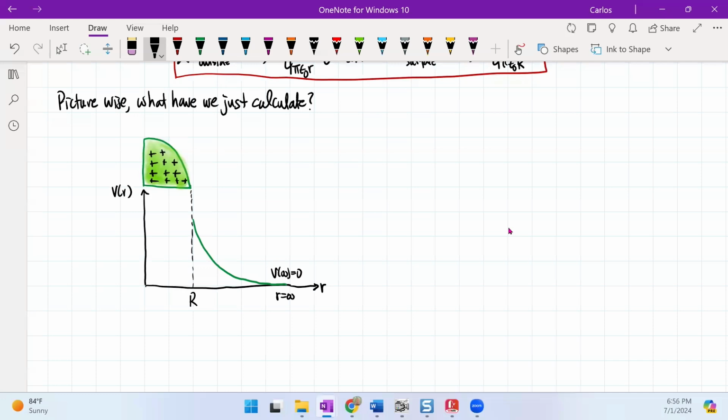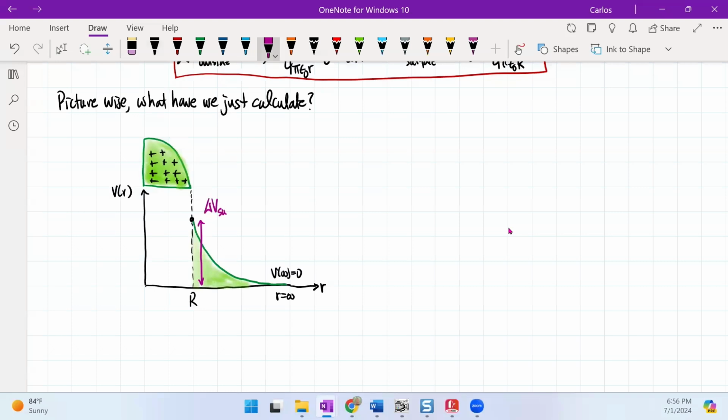So when I'm looking at this, we're climbing from infinity. And if I get all the way to the surface, I get to this point right here.